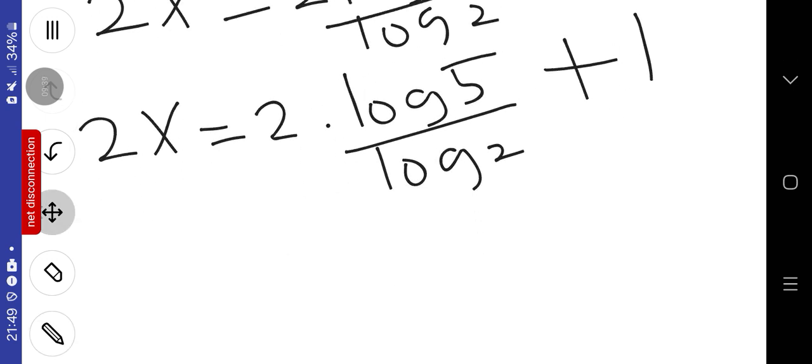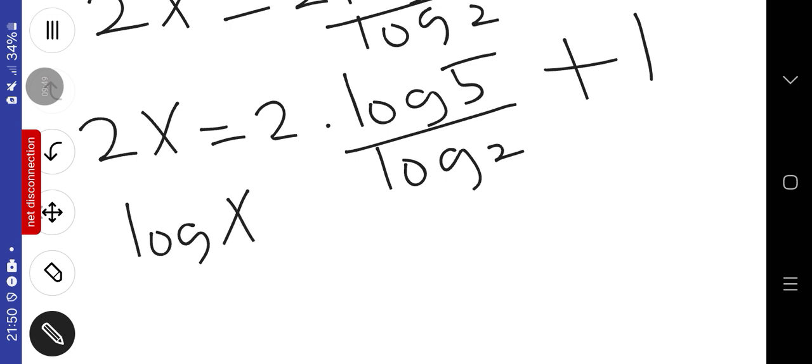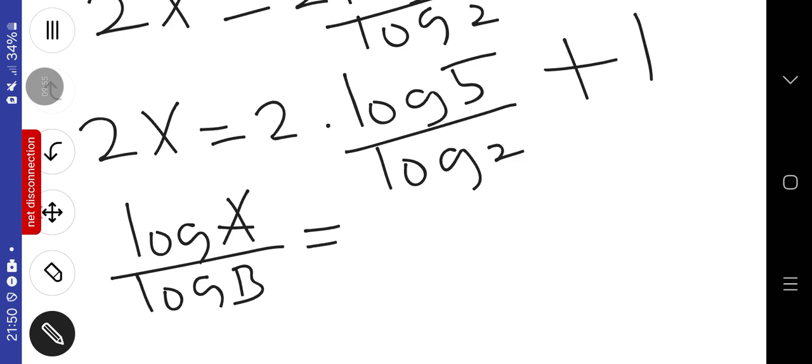Here we are going to introduce another law of logarithm. This is called the change of base formula. If you have log a over log b, this can be written as log a base b. This is what we call the change of base formula in logarithms.